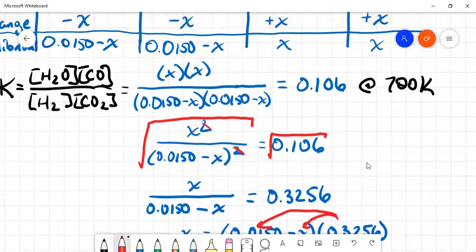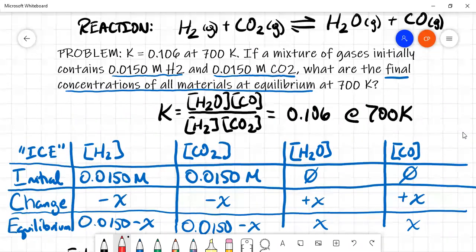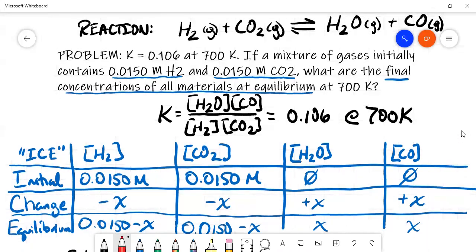How do you know what value of X goes into the chart? Katie, are you asking very precisely about the change row in the tabulation here? How you know what we need to put into the tabulation of X and X? Yes. Okay. The change row of the ICE table goes as the nature of the chemical equation itself. Everybody is X in the table because there are no coefficients in the chemical equation.